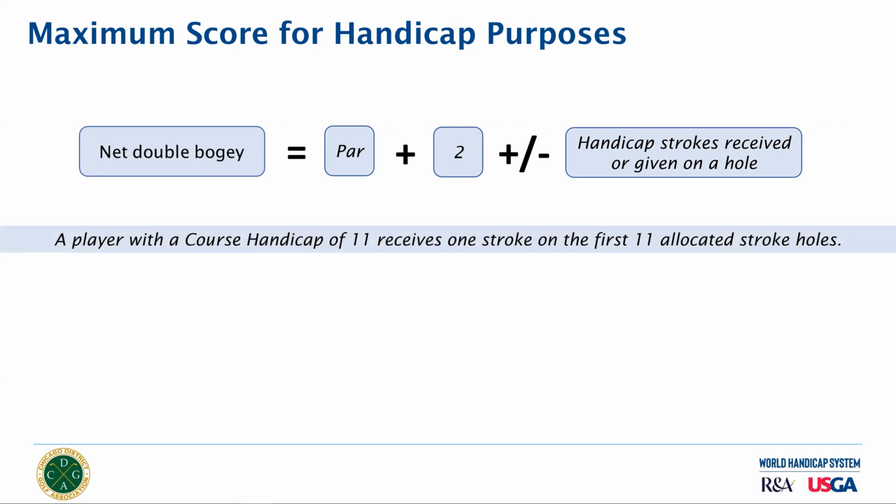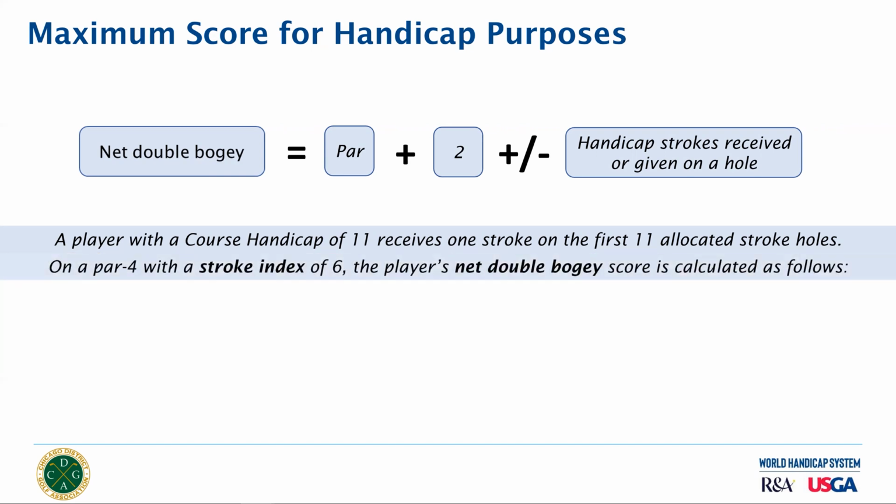A more definitive example: a player with a course handicap of 11 receives 1 stroke on the first 11 allocated stroke holes. On a par 4, the stroke index of 6, the player's net double bogey score is calculated as follows.